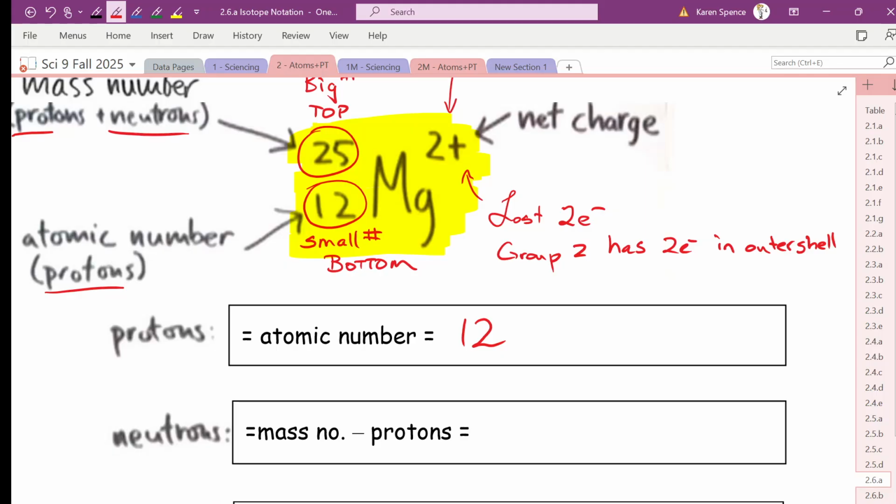We have 13. You take the big number and subtract the small number. That's your mass number minus the protons, so 25 minus 12 is 13.